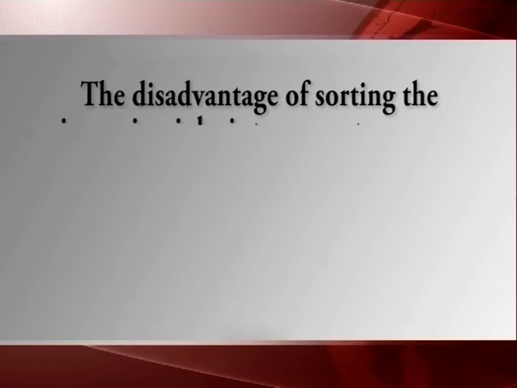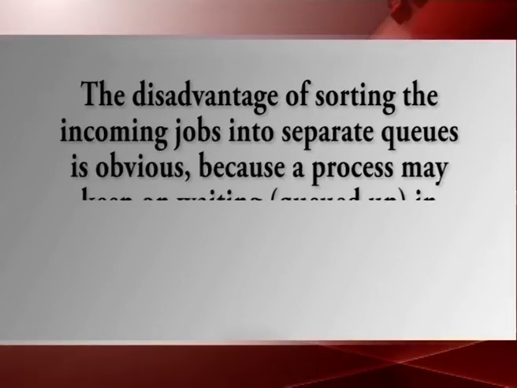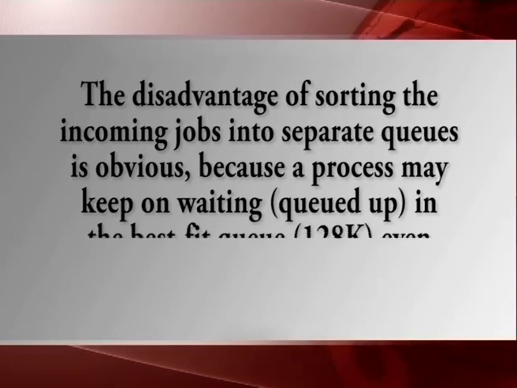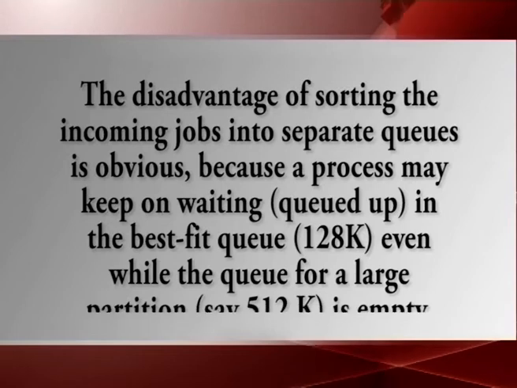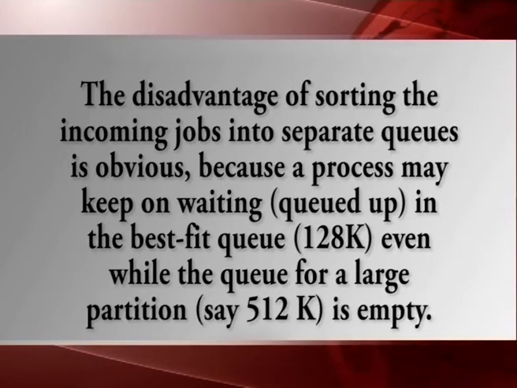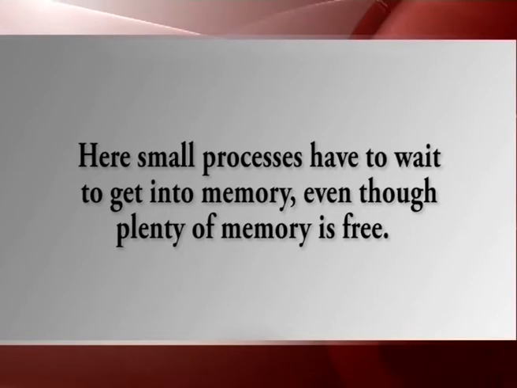The disadvantage of sorting the incoming jobs into separate queues is obvious because a process may keep on waiting in the best fit queue even while the queue for a large partition is empty. Here, small processes have to wait to get into memory even though plenty of memory is free.